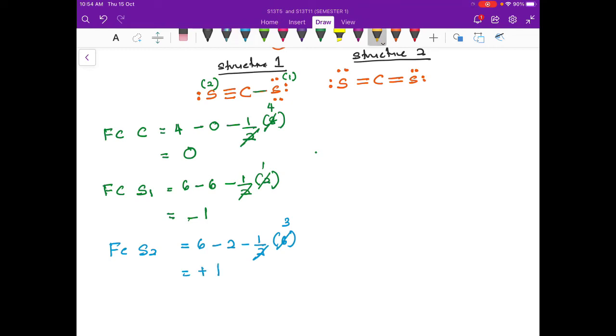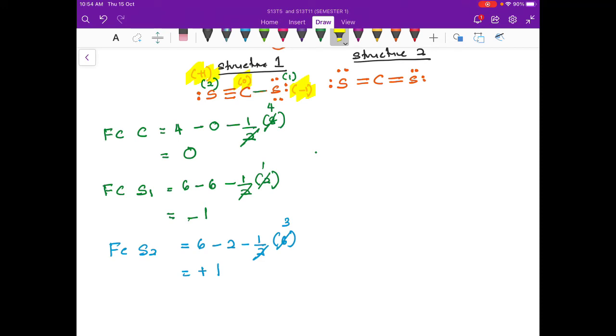So that we can put the value. This is formal charge 0. The formal charge is negative 1. The formal charge is positive 1. So if you can see, the total charge is 0, but each atom has its own formal charge. That's why the total becomes 0, because negative 1 plus positive 1 equals 0.